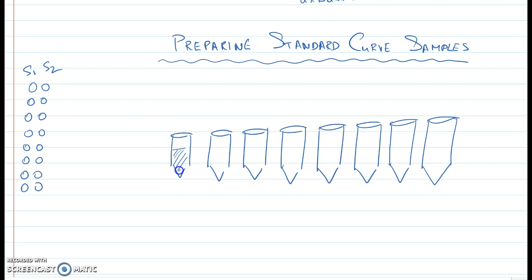The very first one, I want it to be 1,000 picograms per ml. And I'm going to prepare 1,000 microliters. So, 1,000 picograms per ml of what?